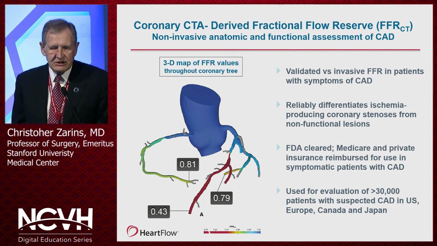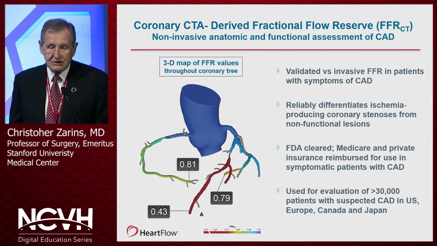Well, this CT-derived FFR now gives you a three-dimensional map of FFR values throughout the coronary tree. And here you can see very clearly a very significant LAD stenosis with an FFR of 0.43. So you can non-invasively differentiate ischemia-producing coronary lesions from non-ischemia coronary lesions and which patient needs to go to the cath lab and get revascularized.